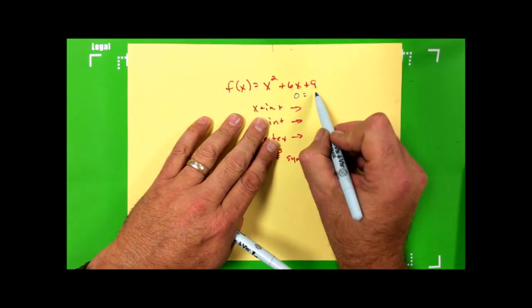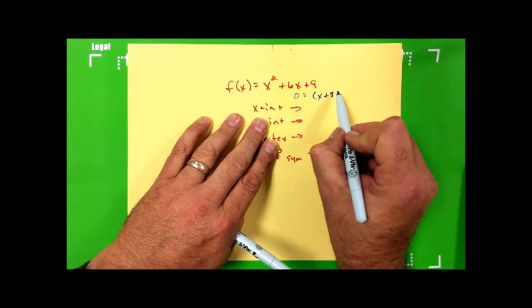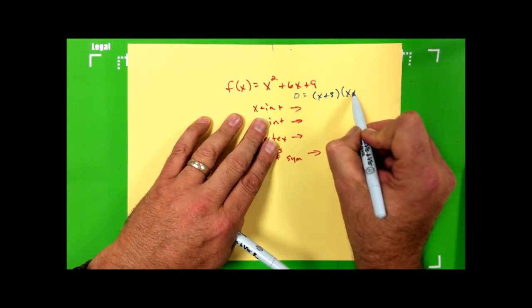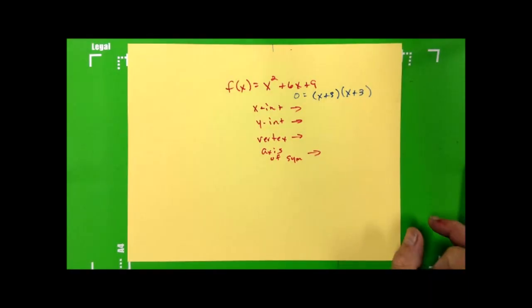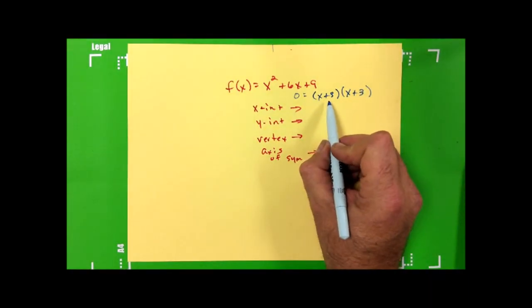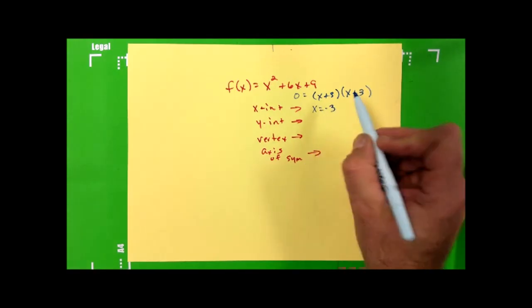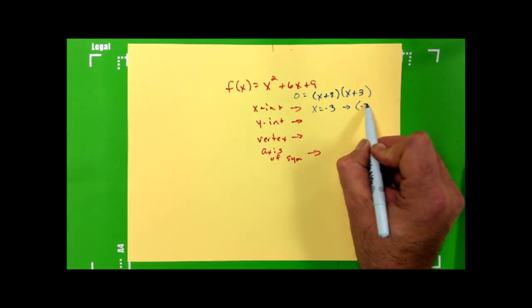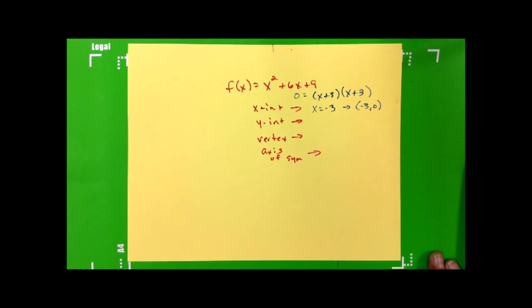Well, x-intercepts does this, doesn't it? Aren't those the factors? So what is my x-intercept? x equals negative 3. Ideally, I would get it that way. What does that mean to only have one x-intercept, by the way?